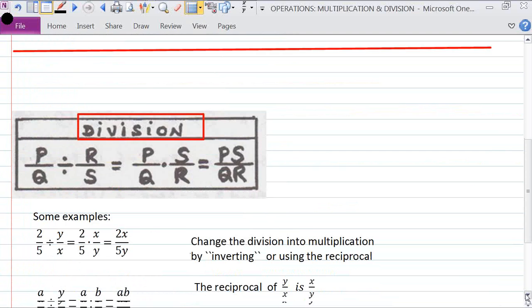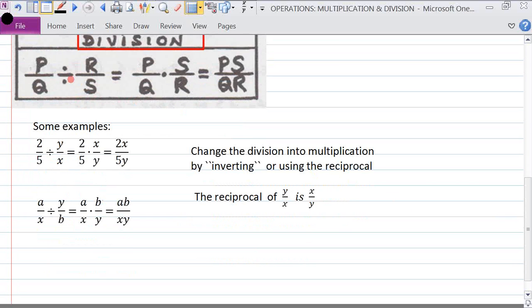Now, for division, we've got p over q divided by r over s. What we do is leave the p over q the same, and instead of dividing, we change the division to a multiplication, and we invert or flip this.